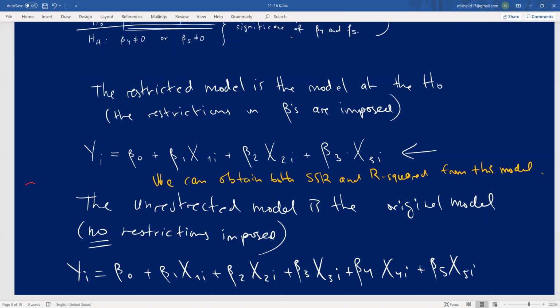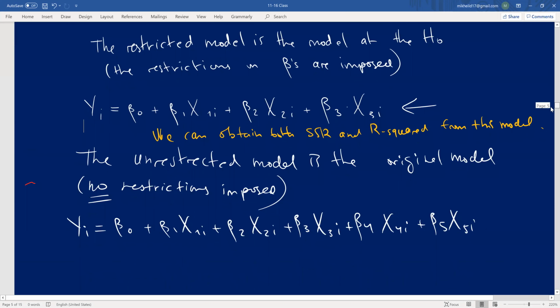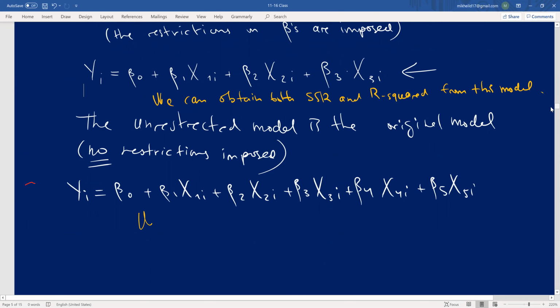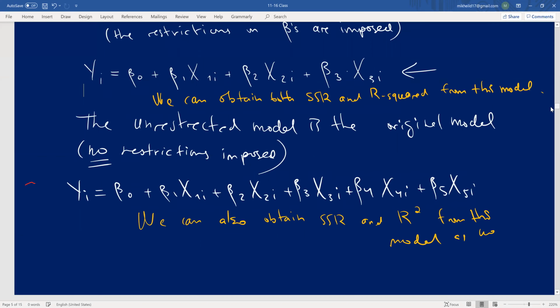Do you agree with it? And the same thing here. So guys, I use R squared and R squared interchangeably. Same thing.